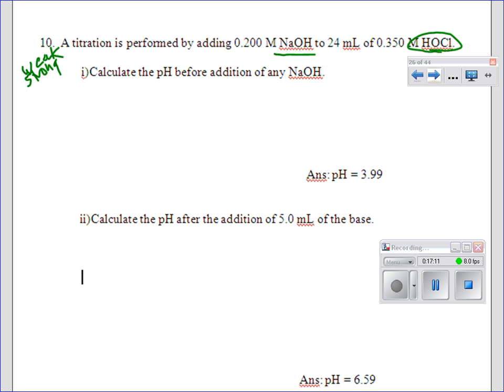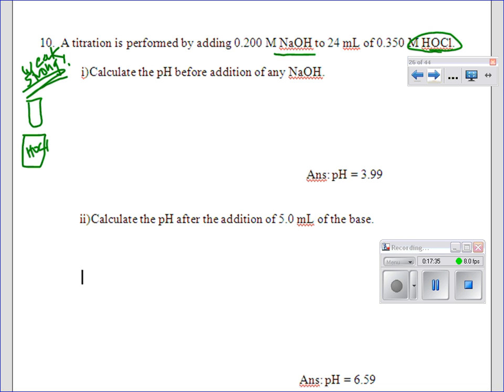This gets kind of crazy in terms of calcs, but nothing you haven't done. Every single thing you've done over here to the left of the board is part of this, so you'll be fine. Calculate the pH before any addition of NaOH. So we have, again, in our beaker, our HOCl, our acid, and then the base is in the burette. So let's go ahead and calculate.